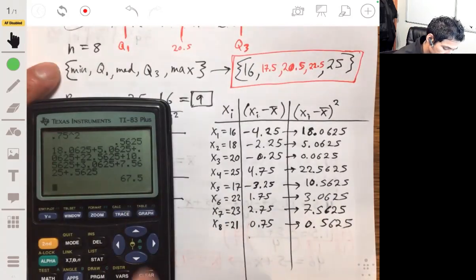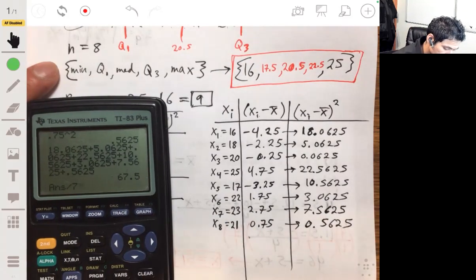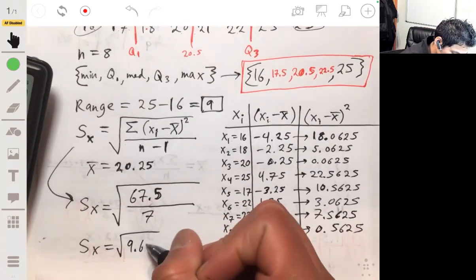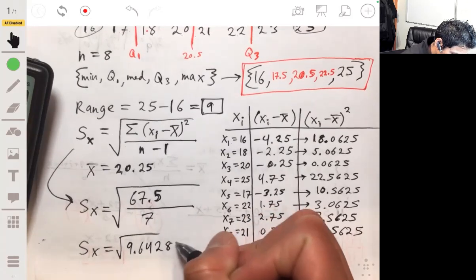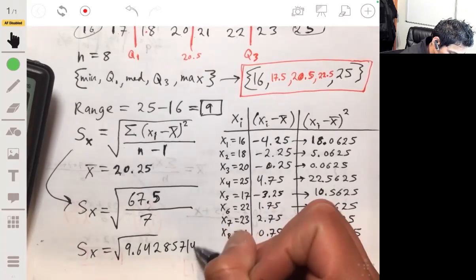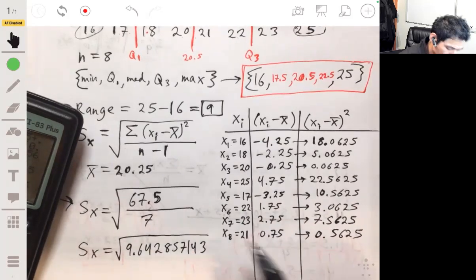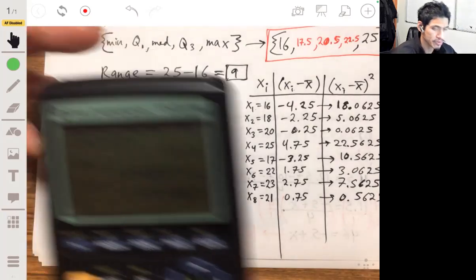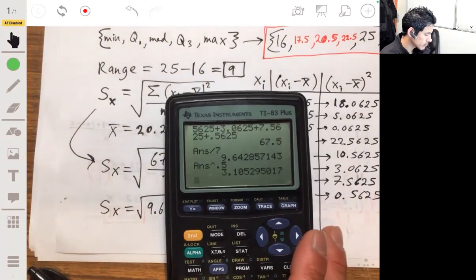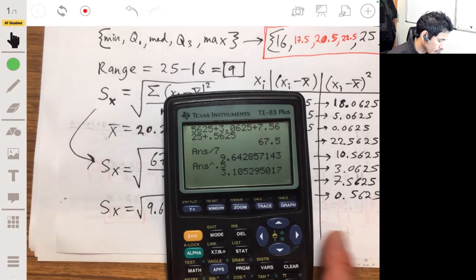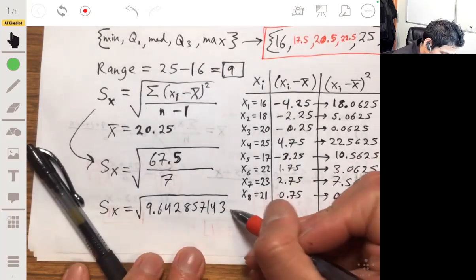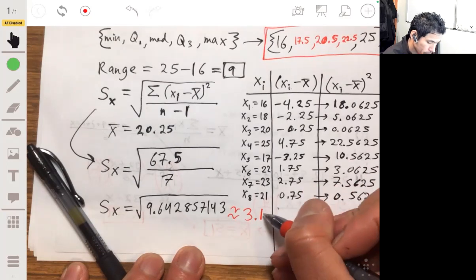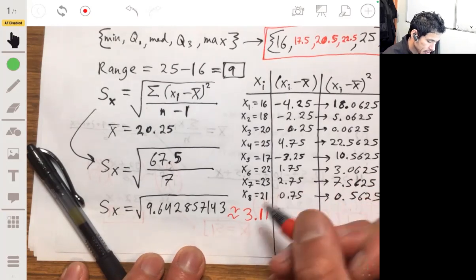So we take 67.5 divided by 7, and we take the square root of this number, 9.642857143 approximately. Doing that, we get about 3.10. Or I can say 3.11, I guess, in this case.